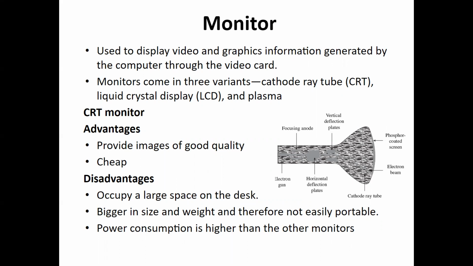These dots start to glow when struck by the electron beam, and the phenomenon is called cathodoluminescence, right? The main components of the CRT monitor include the electron gun assembly, deflection plate assembly, fluorescent screen, and the glass envelope and base.